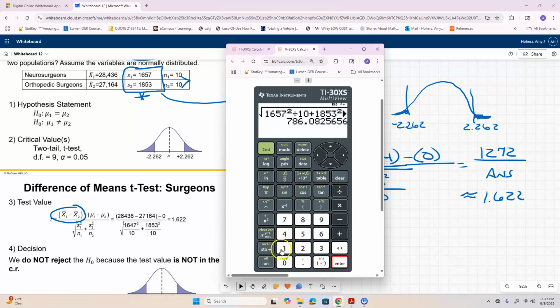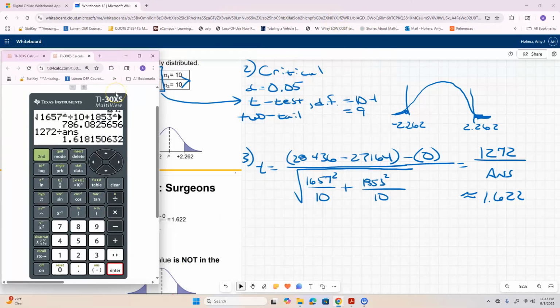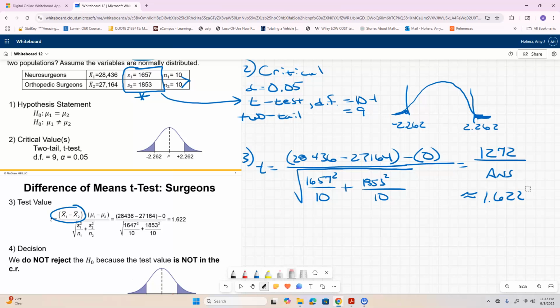And then we're going to take 1272 divided by that answer. I'm getting 1.618, which isn't going to change our final answer, but I did not get 1.622. I got 1.618 after computing it twice.